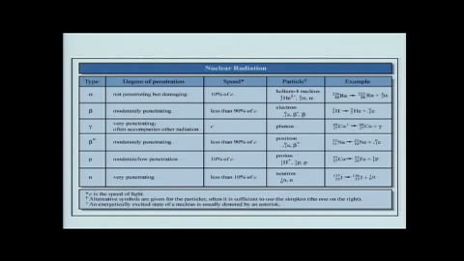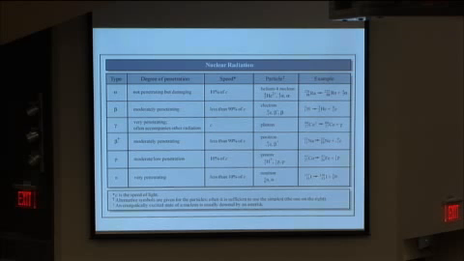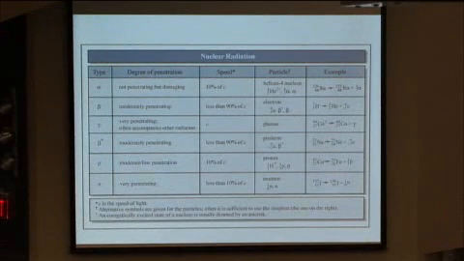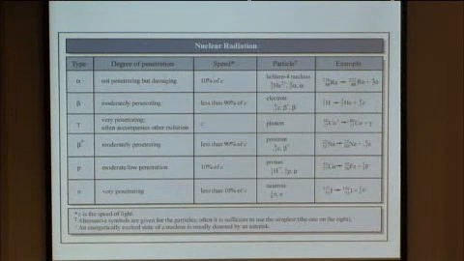An alpha particle is equivalent to a helium-4 nucleus, so you lose 2 protons and 2 neutrons. That's a big mass change. Whereas a beta decay involves the loss of electrons, so there's no significant mass change associated with that. Just be aware that there are these differences between types of radiation.